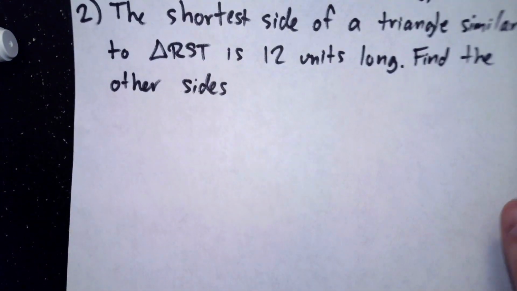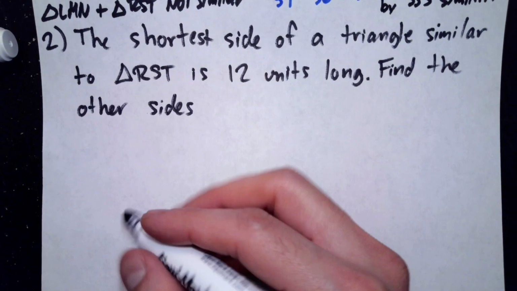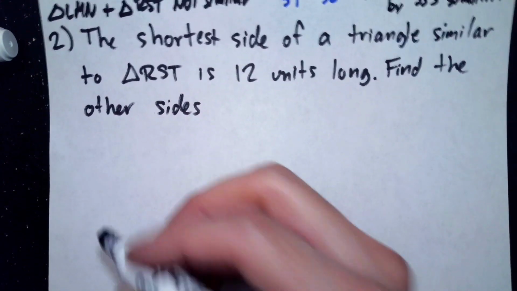And then last but not least, we have question number 2 for monitoring progress. It says the shortest side of a triangle similar to our triangle RST is 12 units long. Find the other sides. So we're just going to draw any triangle here.